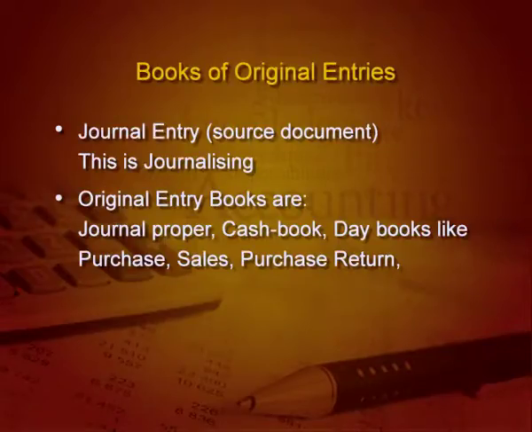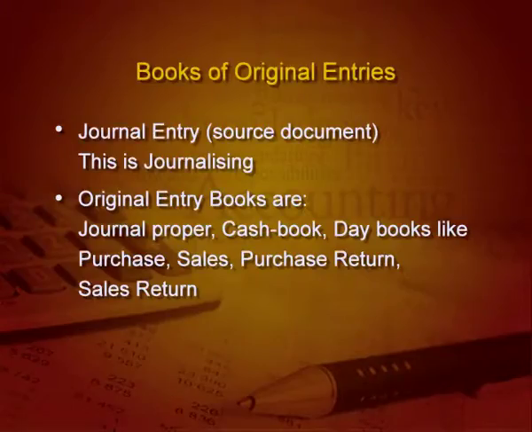In day books, like the purchase day book, we record credit purchase transactions, and in the sales day book we record credit sales transactions. In the purchase return book we record only those purchase returns which are purchased on credit, and in sales return we record all those credit sales returns. And if these specific transactions are recorded in these books, then whatever is left is recorded in journal proper.